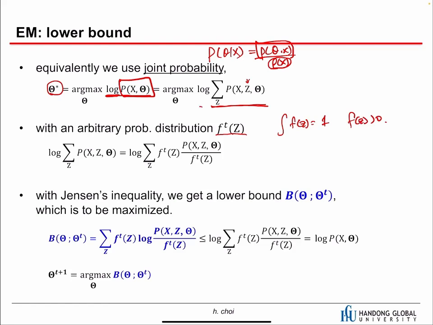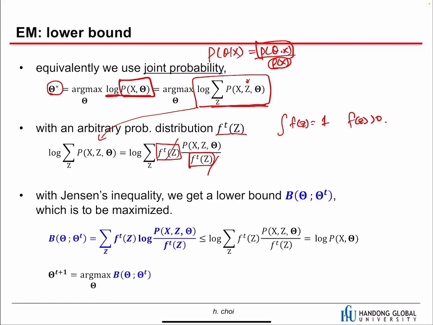Then look at this one. We multiply this one and divide by this one. Since this one is a probability and there is no zero, we can divide and the two cancel each other out. No problem.